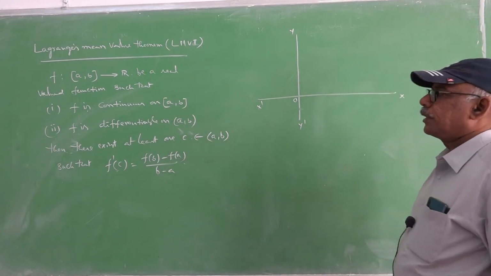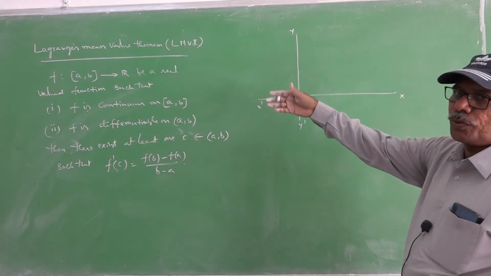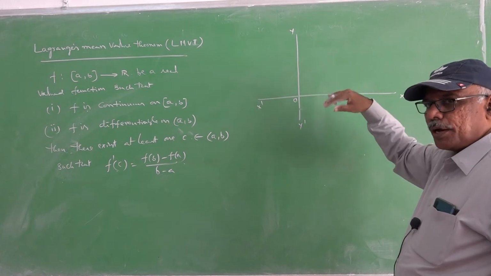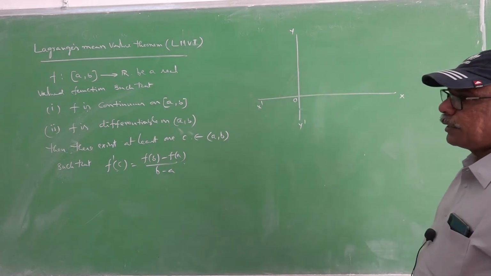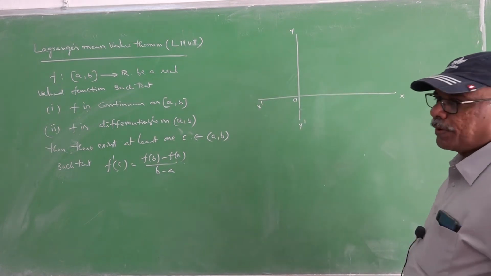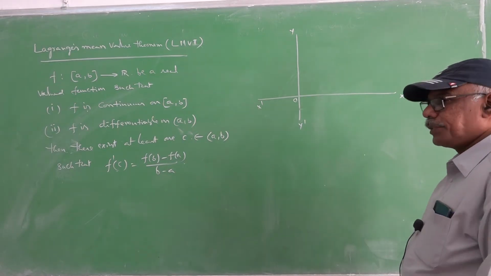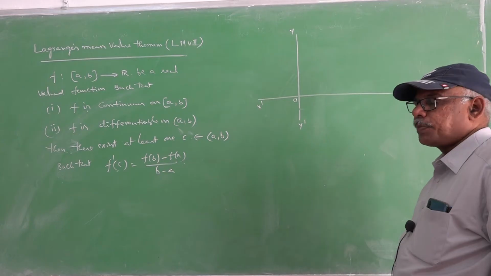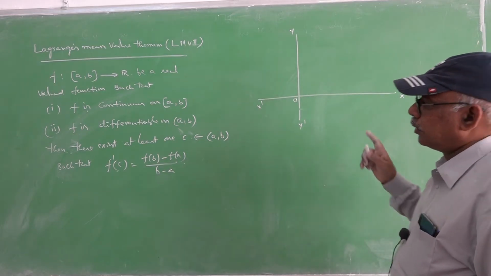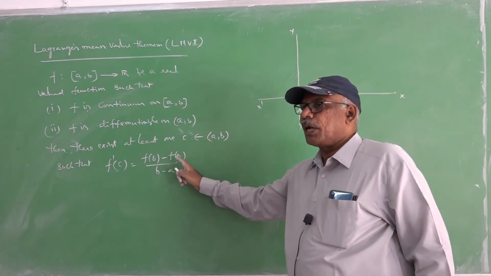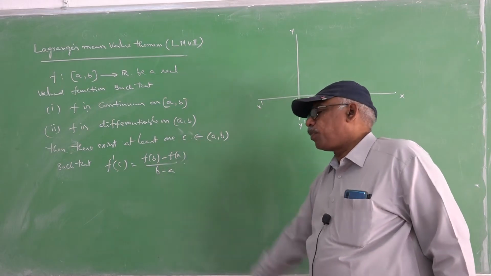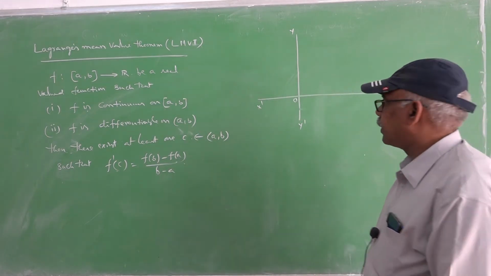Once the graph follows the two conditions, continuity and differentiability, then at least at one point in between a and b, the derivative f dash c, that means the tangent, is parallel to the chord that joins the points x equal to a and x equal to b.